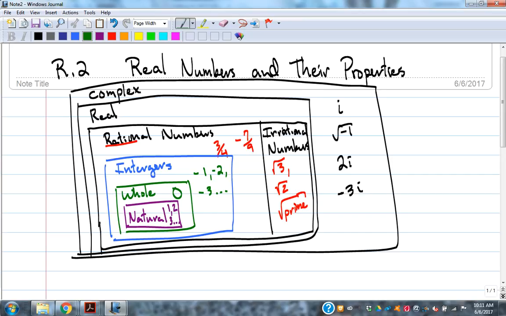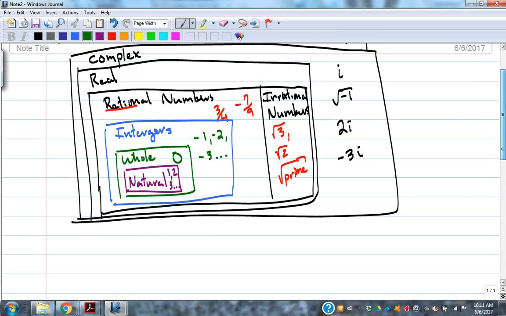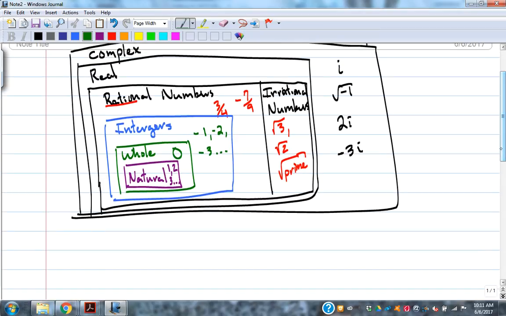Okay, so what we're going to do here is we're going to take a set and then describe what parts of that set are natural, whole, integers, rational, and irrational. We're going to take a set of real numbers and describe that. So that box can kind of help us do that.